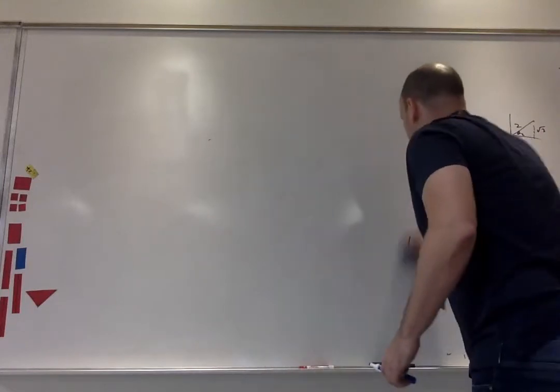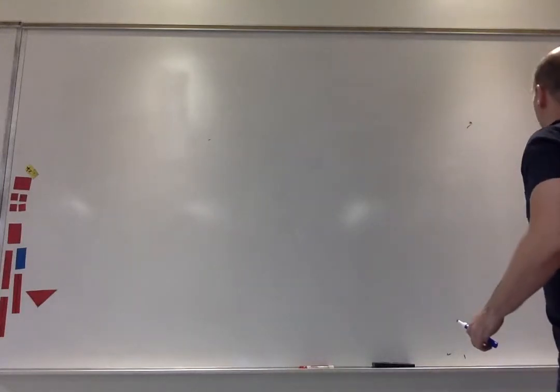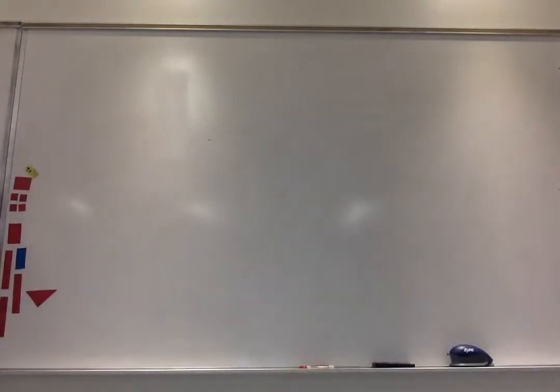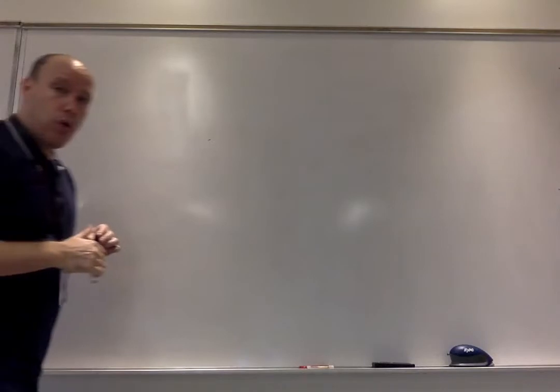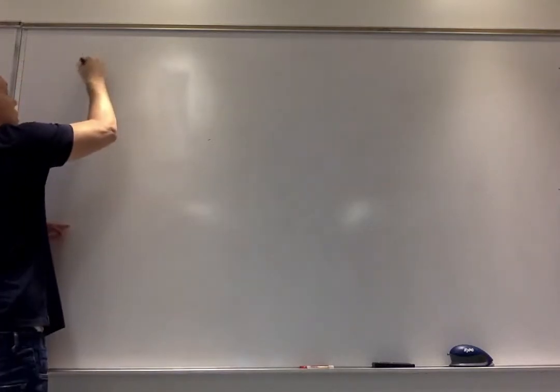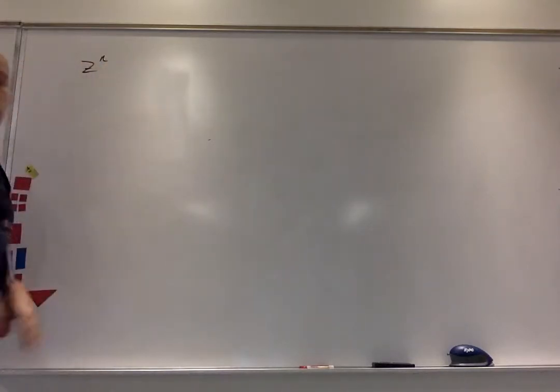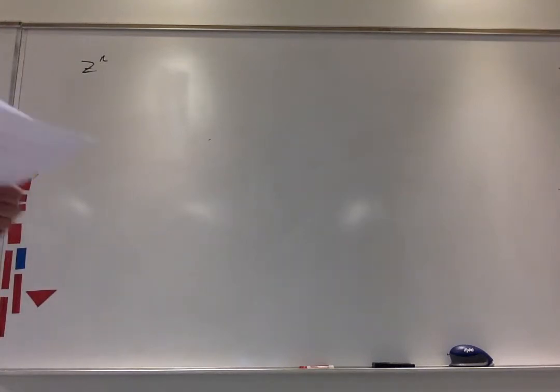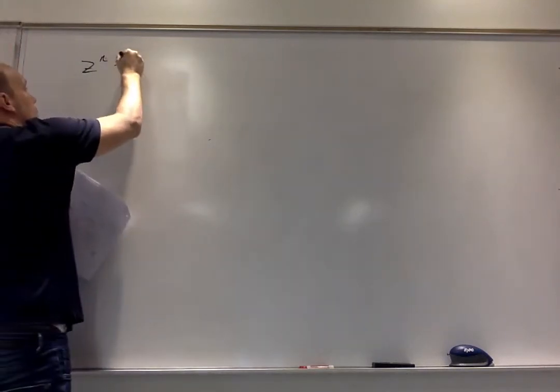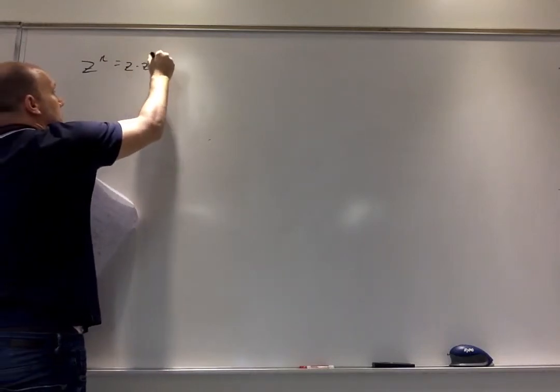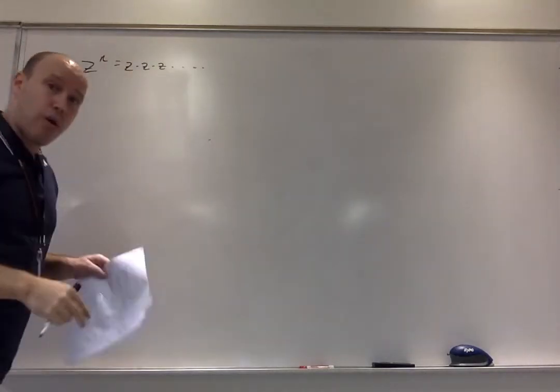Now, let's raise to the power and see if we can come up with a formula we're going to be needing. So the question is, what is z to the n? We know that this is z times z times z, n times, correct?